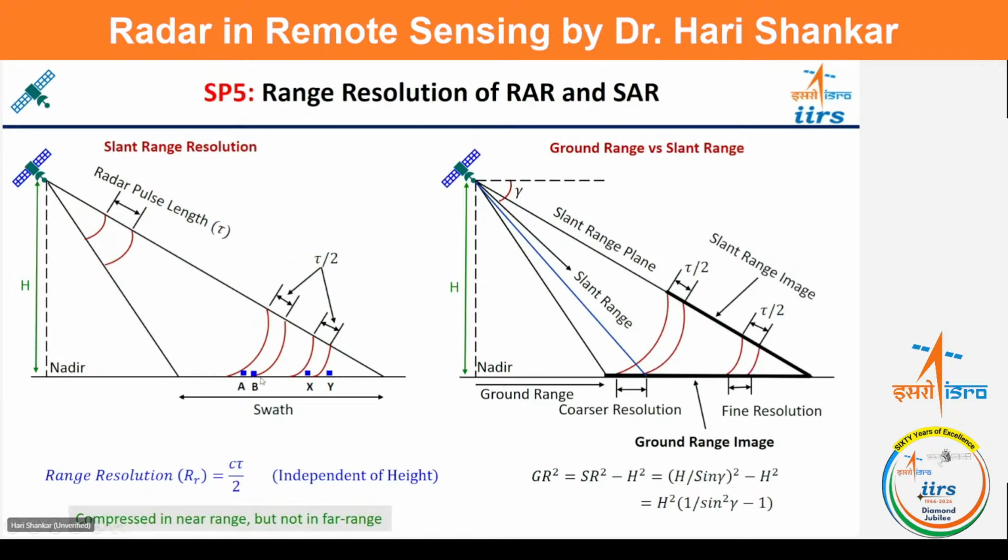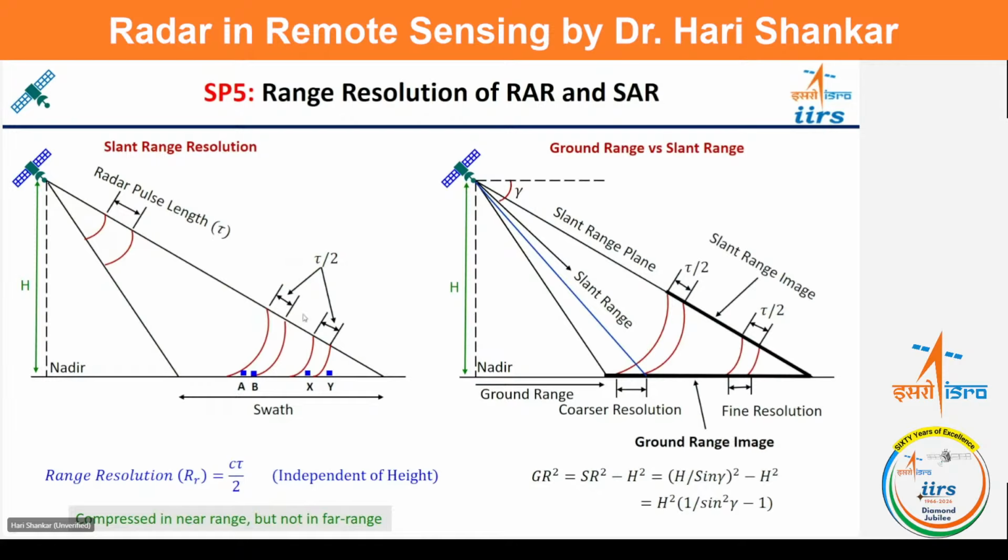Like two targets are very close to the near range, and two targets are near to the far range. So here you can say this is the pulse length. If they are close to the far range, they are well separated, or you can say they can be differentiated by the radar pulses separately so that they can be clearly visible.